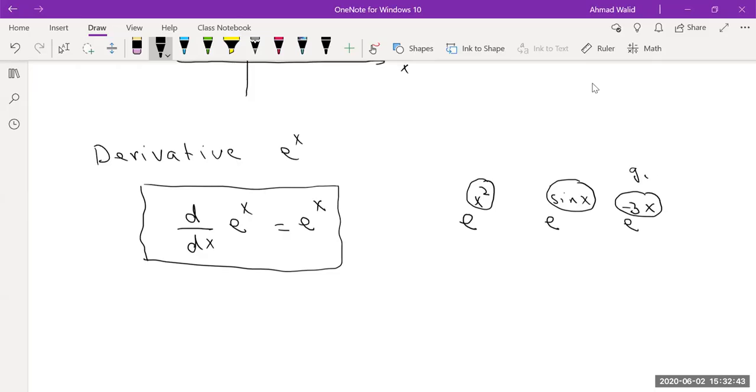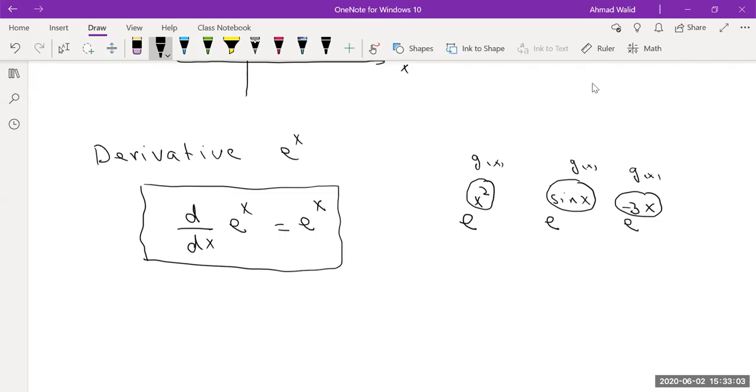We can name them g of x, e to the power of a function. When you have e to the power of a function, from calculus 1 you know that you have to apply the chain rule to find the derivative of this function, right?